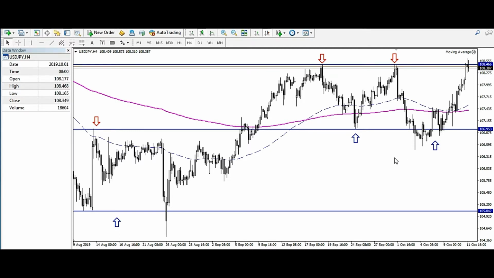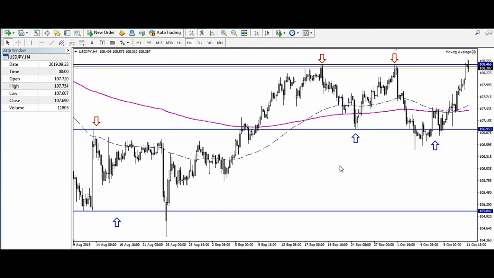The price is basically zigzagging within this range, and also the MAs right here don't have a consistent slope, which further indicates that the market is not in a definite trend right now. So we will treat it as a sideways market.